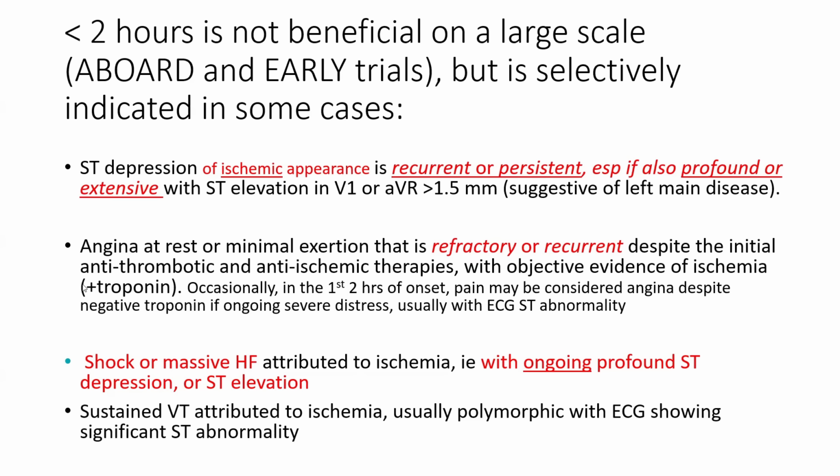Those are cases of non-STEMI that we cath urgently. So you have ST depression that looks ischemic, not LVH, that is recurrent or persistent, especially if it's also profound or extensive with ST elevation in V1 or aVR. So ischemic appearance, recurrent or persistent, and profound or extensive.